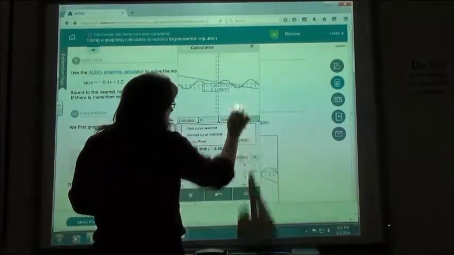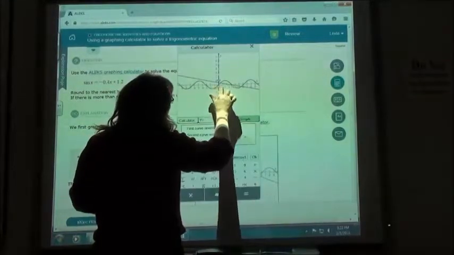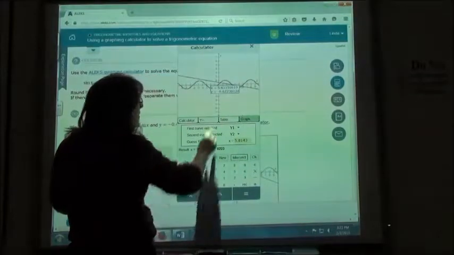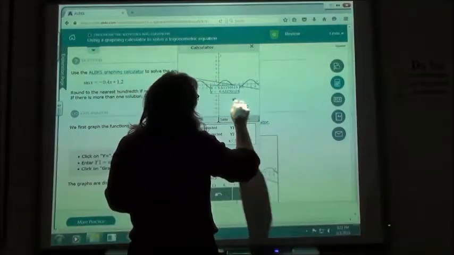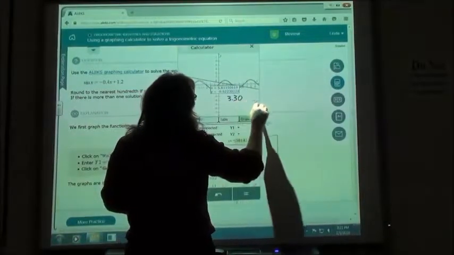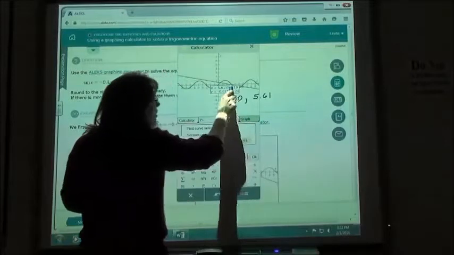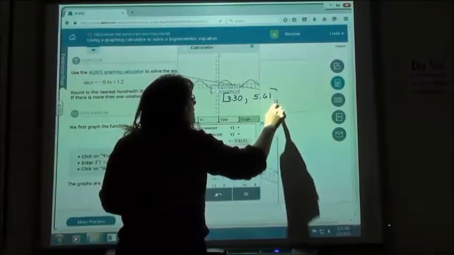Then I'm going to do my other intersection. So click intersect, move that over here, hit intersect, 5.61. So we had 3.30 and 5.61. Now these are both equal to where those meet, so these ends will both have brackets on them.